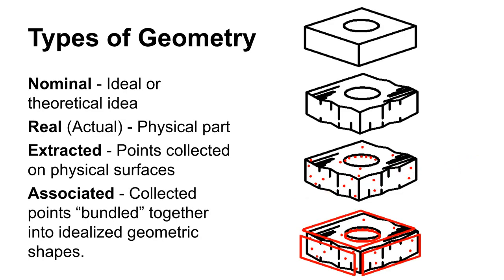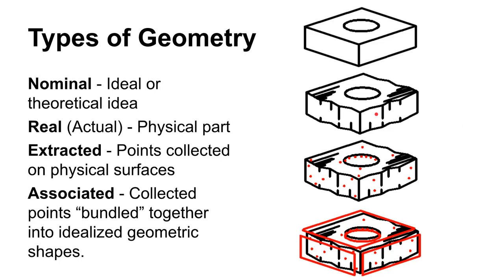All right, so we'll kind of get our bearings here on the different types of geometry. We have the mathematical, the nominal geometry, where we say we want a box that's 4 inches across and 1 inch thick, and it has a 2-inch hole in the middle. We talk about this as being a cylinder, and this as being a rectangular prism.